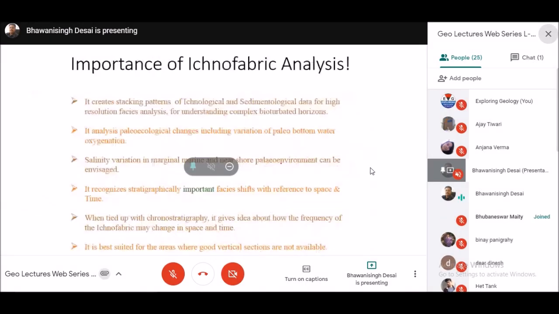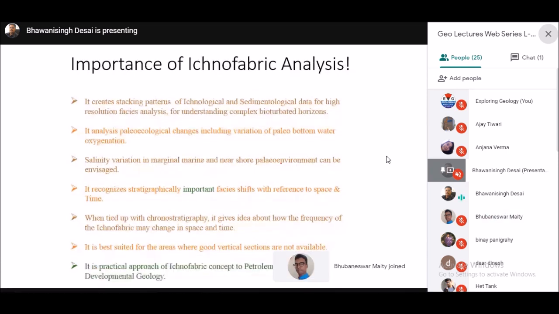Ichnofabric analysis creates a stacking pattern of ichnological and sedimentological data. It uses paleoecological changes, and salinity variations are understood. It also records strategic important shifts.